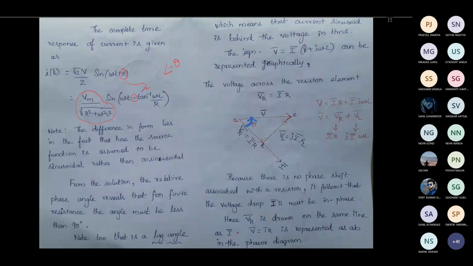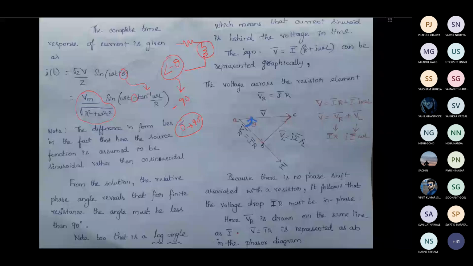Okay, so now the point you need to understand is here when you are having an RL circuit, so whenever you are having an inductive part, the current will be lagging the voltage by certain angle. So when it is a pure inductor, this angle is 90 degree, that is minus 90 degree. Whereas when you are having R and L, you will be having some angle between 0 to 90 degree in negative value, but it will be somewhere between 0 to 90 degree.